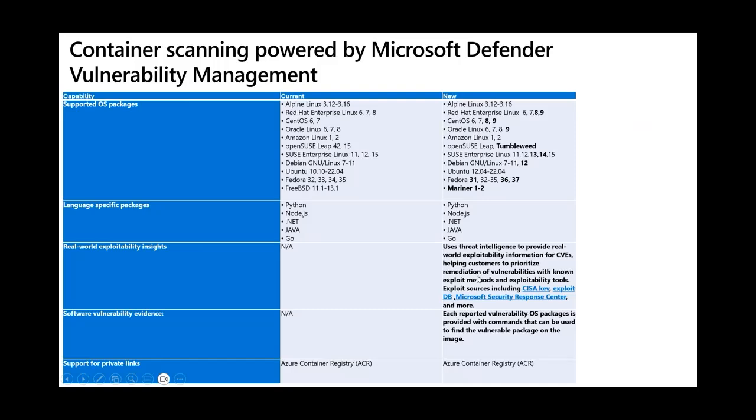In cases where we do see that the CVE is exploitable, we're pointing to sources such as CSPM, ExploitDB, and Microsoft Security Response Center. We are also adding vulnerability evidence at the image level, which are commands that can be used to find the vulnerable package on the image. And we're still supporting private links for ACR.